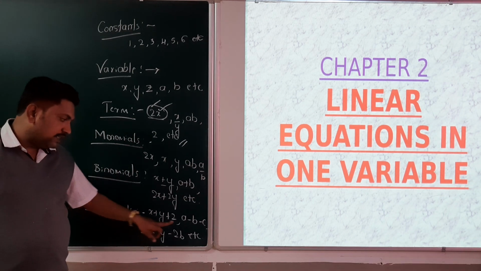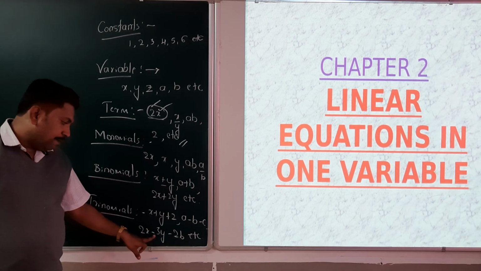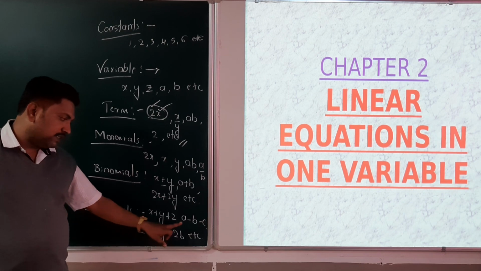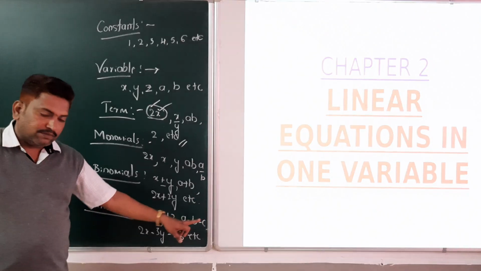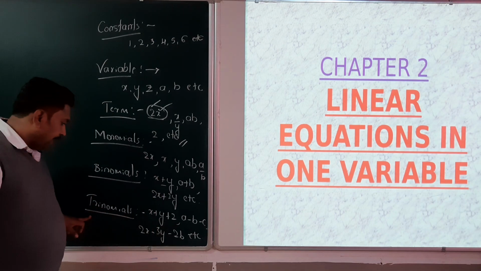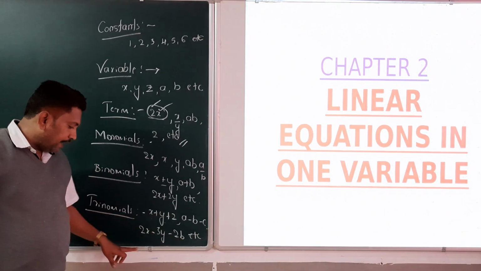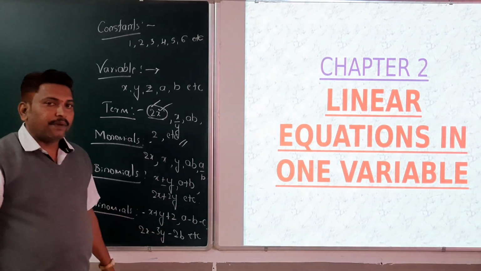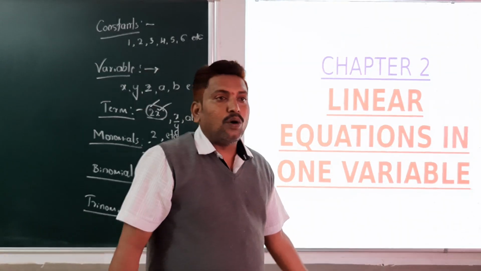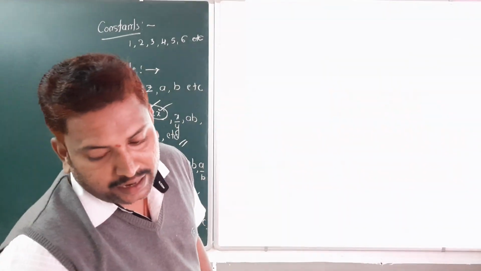I am using only the plus sign and minus sign, which bifurcate the terms: 1, 2, 3, trinomials. Such expressions are called trinomials, right?